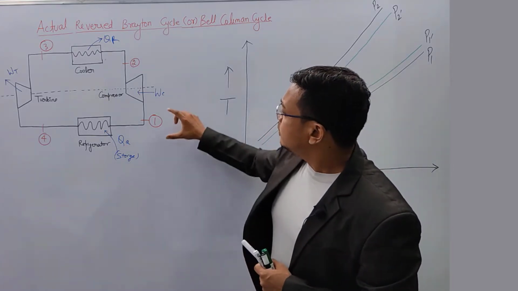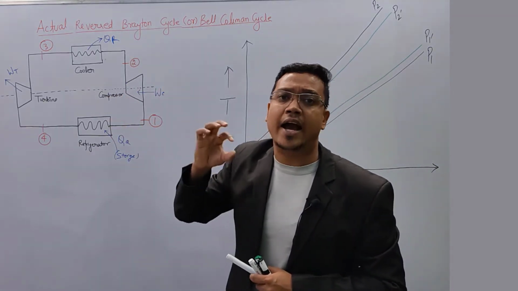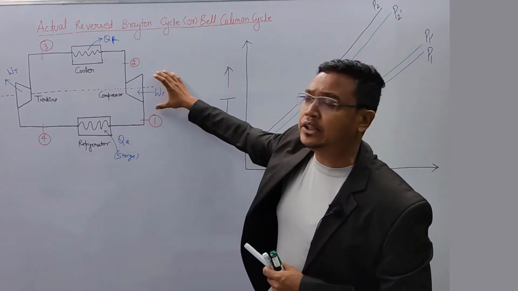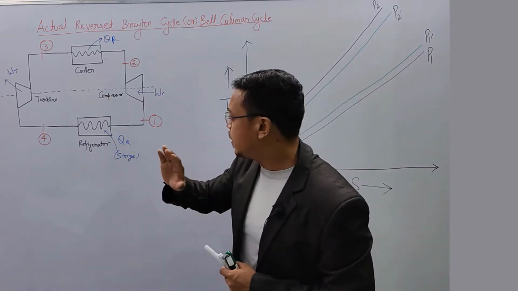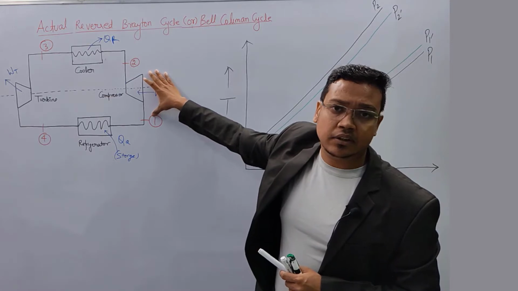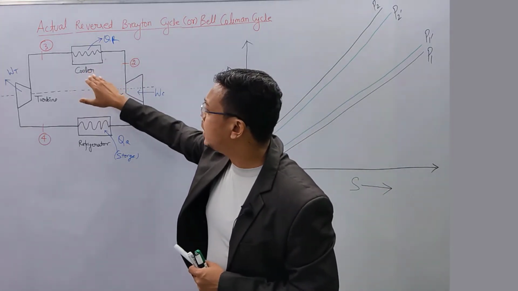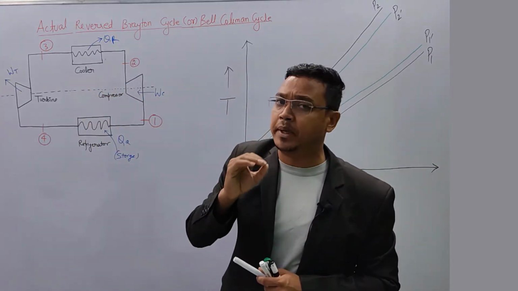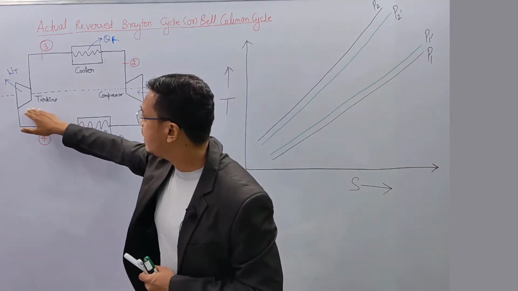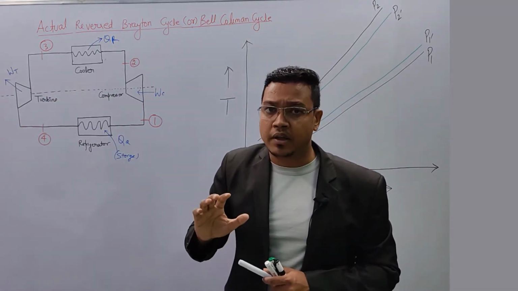In the compressor, air was compressing isentropically, but in the actual process, the air will not compress isentropically. In the same way, in the cooler, heat rejection will take place, but not at constant pressure. In the turbine, air will expand, not isentropically.